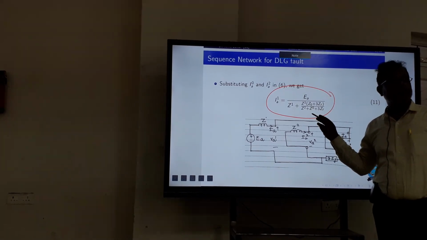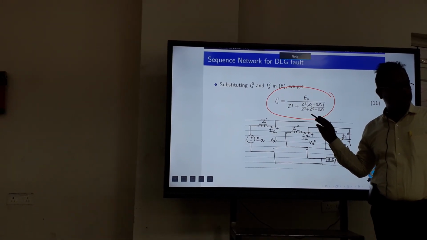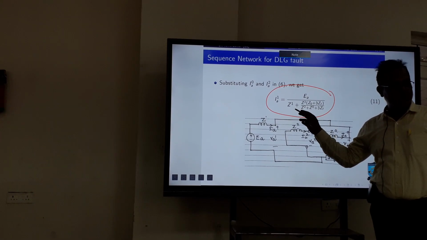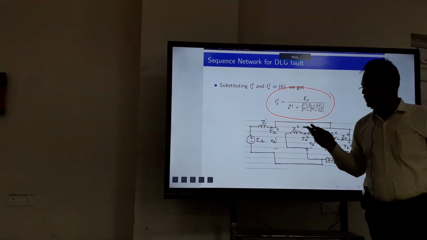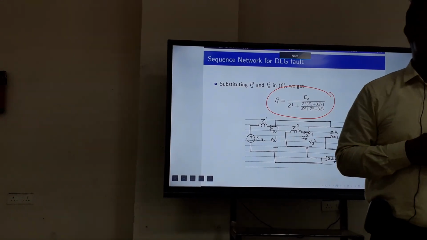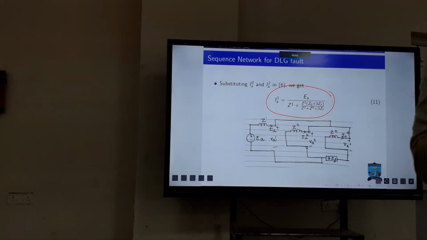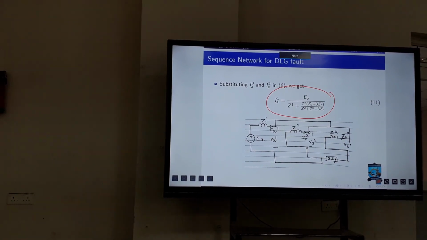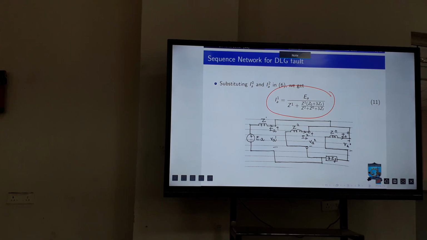Z2 means not Z square, it is negative sequence. This is positive sequence. In this book, which I have taken from the Hadi Saadat book, superscript 1 means positive sequence network impedance, superscript 2 means negative sequence, and 0 means zero sequence.